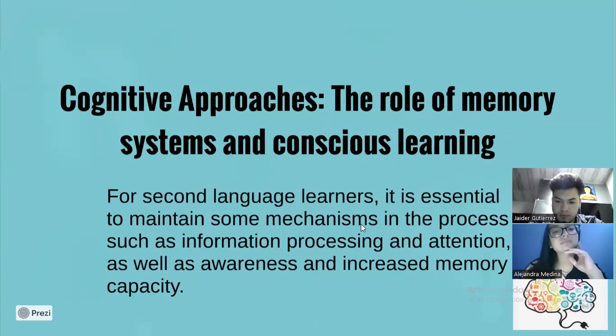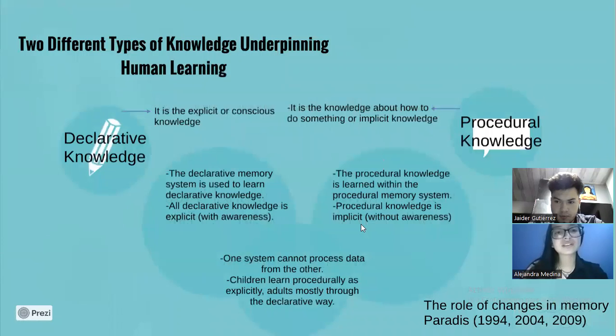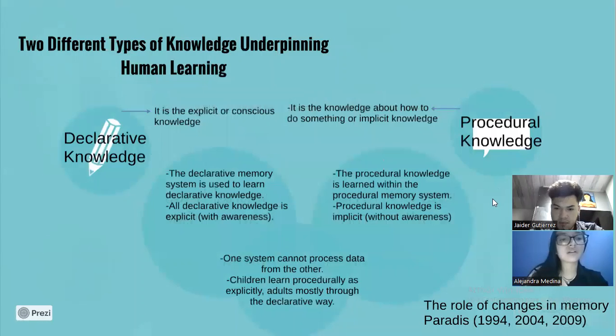Now, we will see the two different types of knowledge underpinning human learning. We can find declarative knowledge and procedural knowledge. Declarative is the explicit or conscious knowledge, and procedural is the knowledge about how to do something, or implicit knowledge.